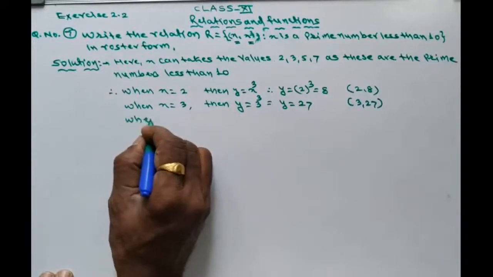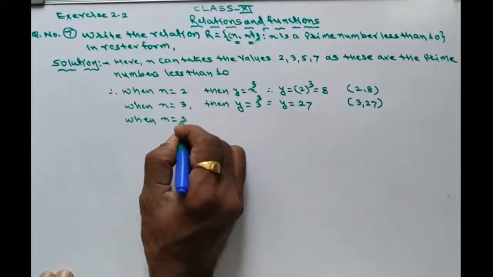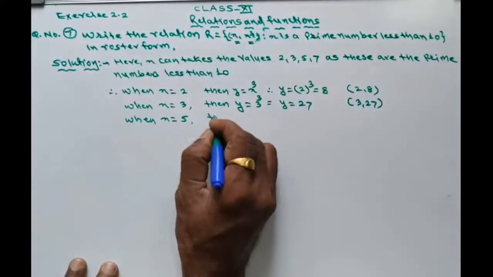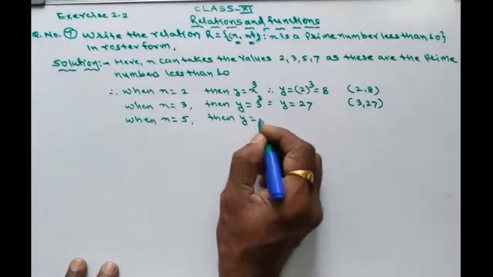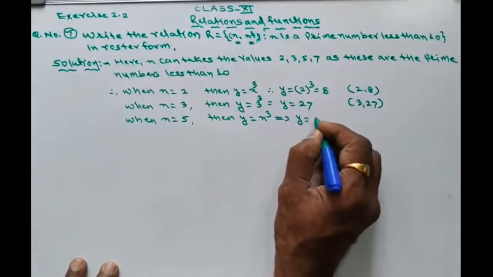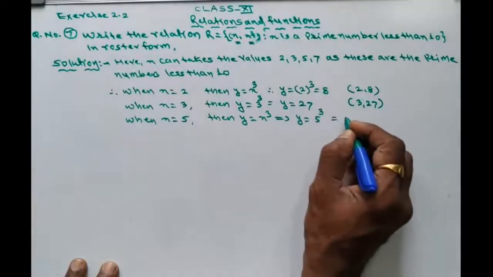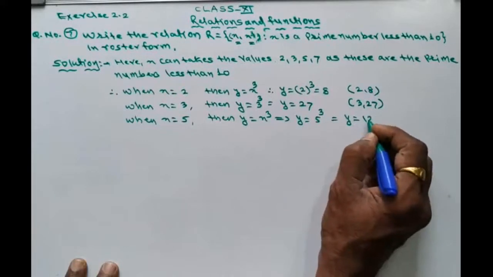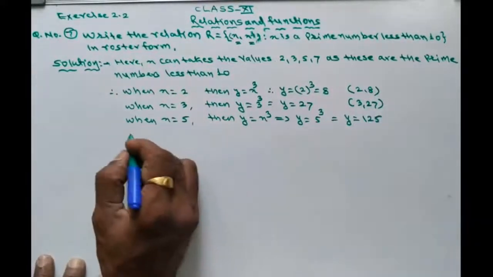When x equal to 5, then y equals to x cube. This implies y equal to 5 cube, that is y equal to 125. Right?